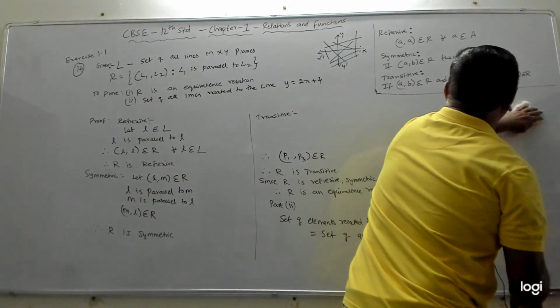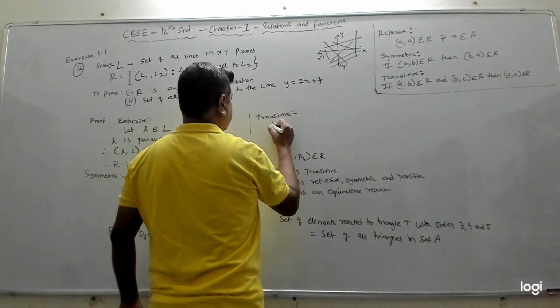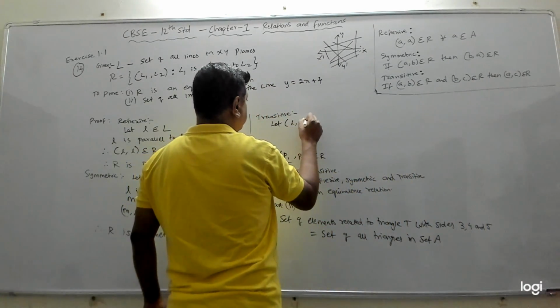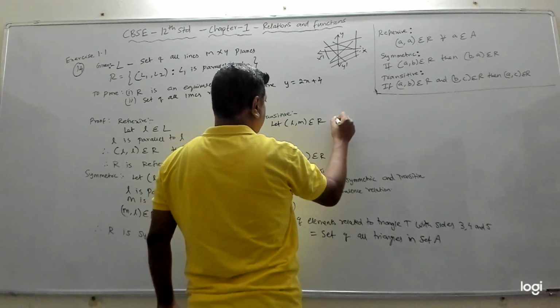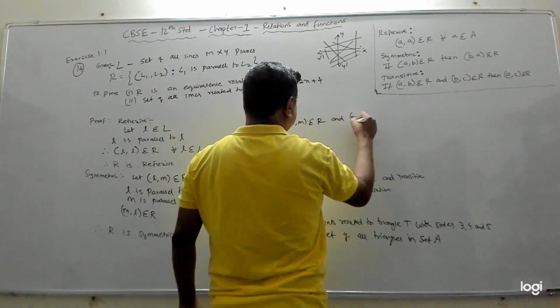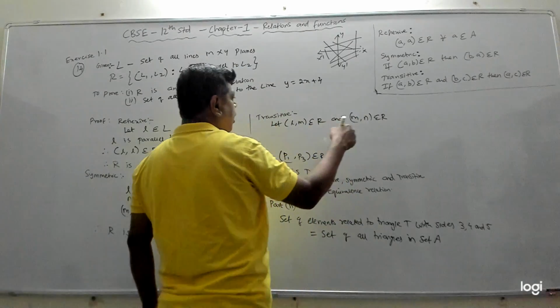Now for transitivity, we'll take three lines. We'll take L, M, N, three lines. We'll say let L, M belongs to R and M, N belongs to R, where L, M, N are lines.